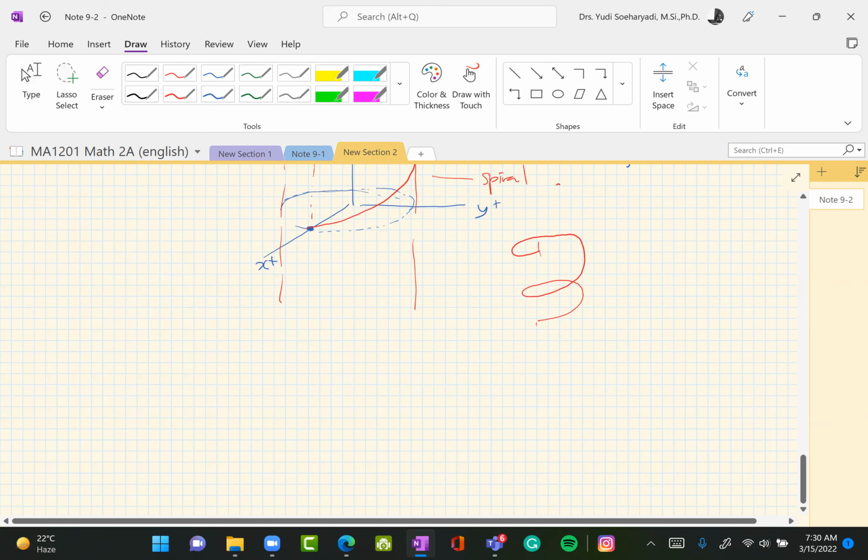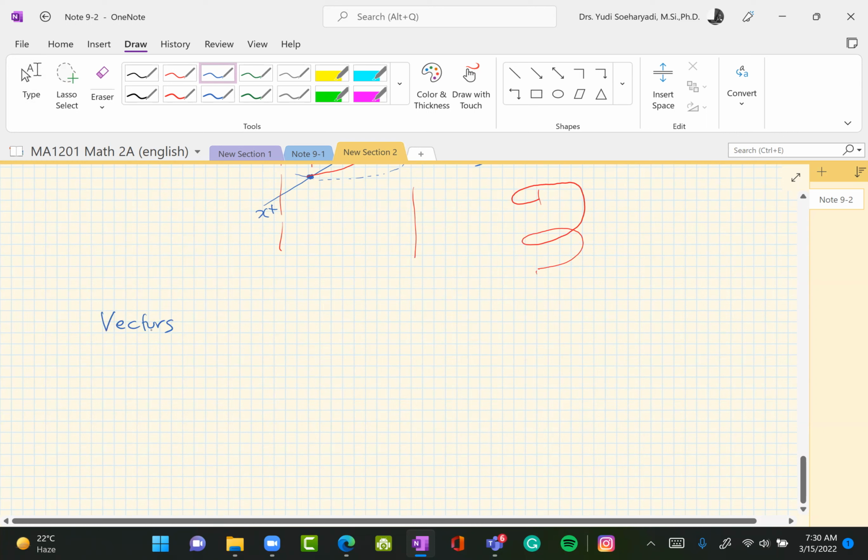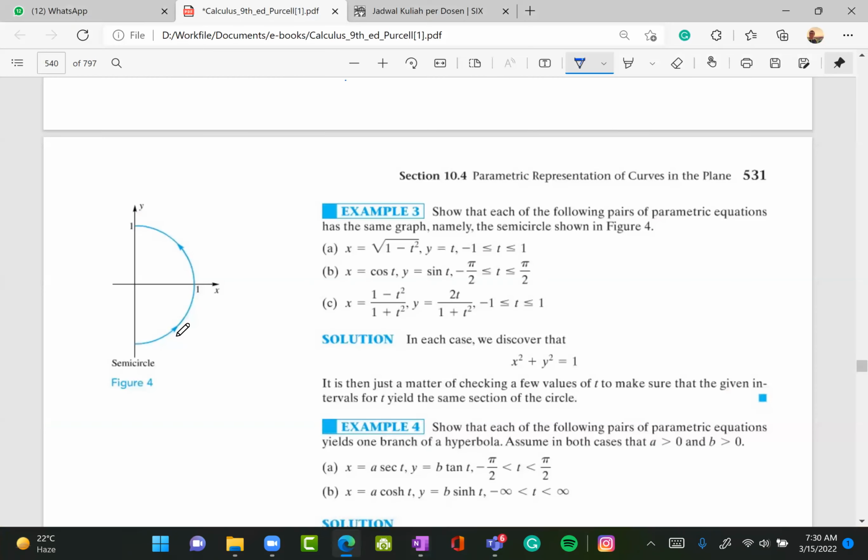let's move to some more things about vectors. Let's move to this.